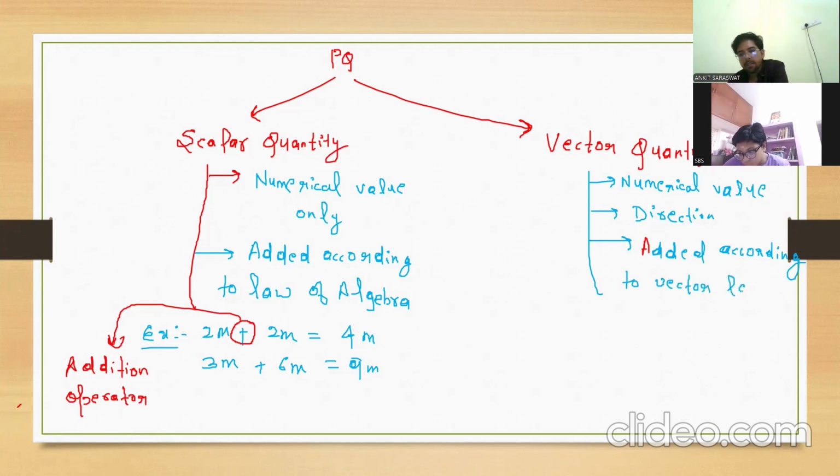Those quantities which obey the vector law of addition, we say they are vector quantities. The vector laws are like the triangle law and parallelogram law of vector addition. I will discuss them.